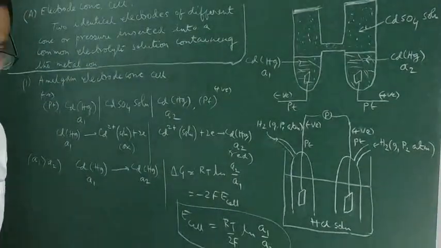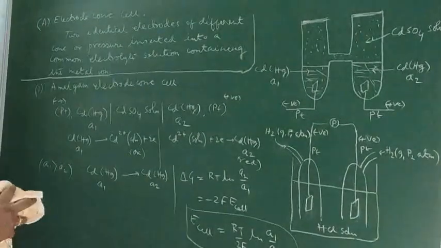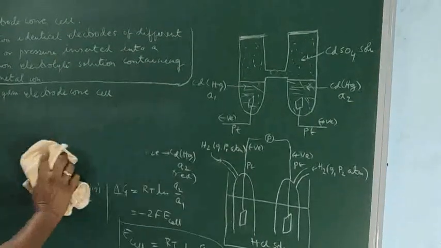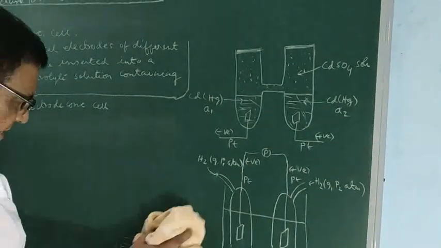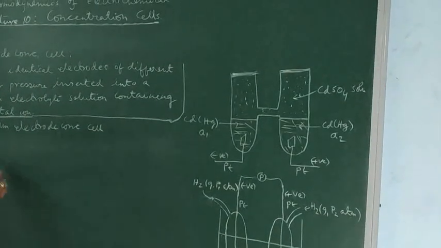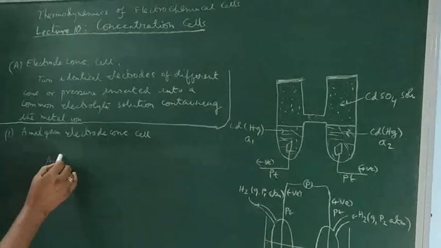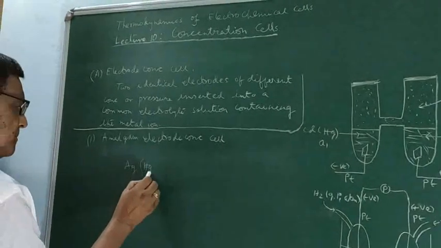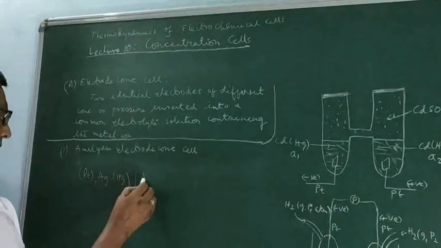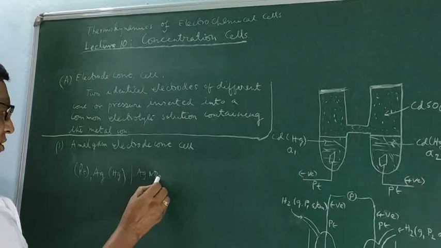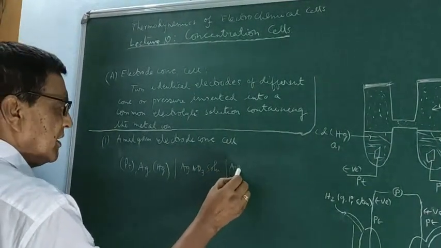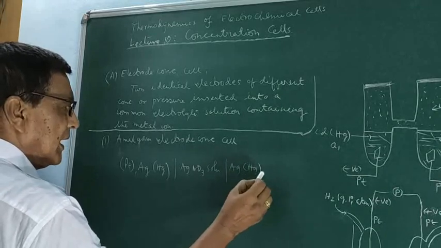So the cell will have a very steady value. Then, another example of an amalgam electrode concentration cell I can write here: silver amalgam, platinum as the contact metal, and here the silver nitrate solution, and here the silver in amalgam and platinum.